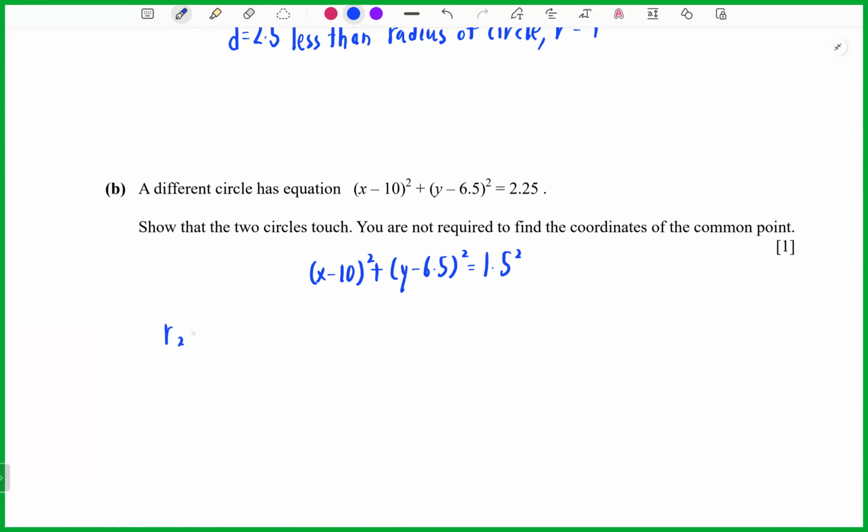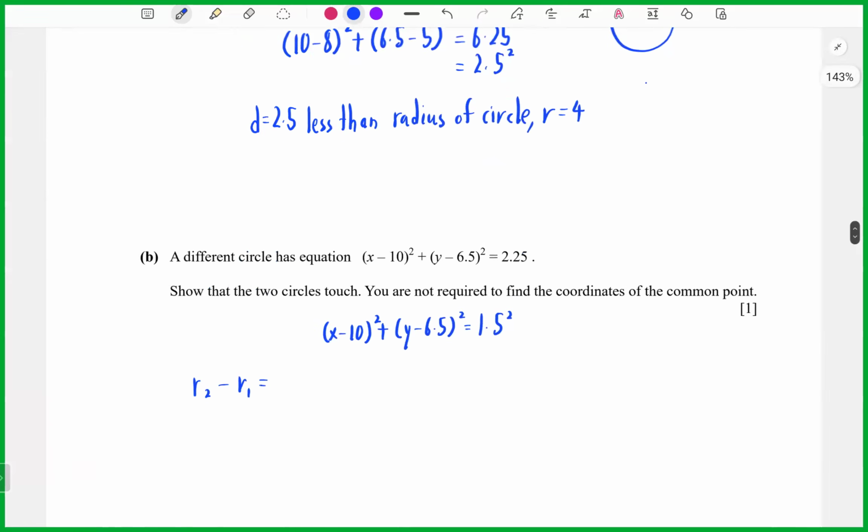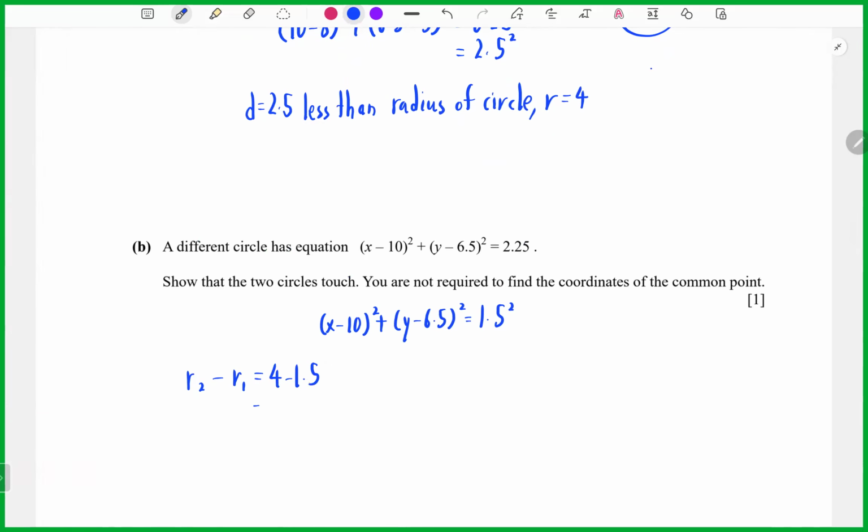I can take the bigger radius minus the smaller radius, 4 minus 1.5, which equals 2.5.